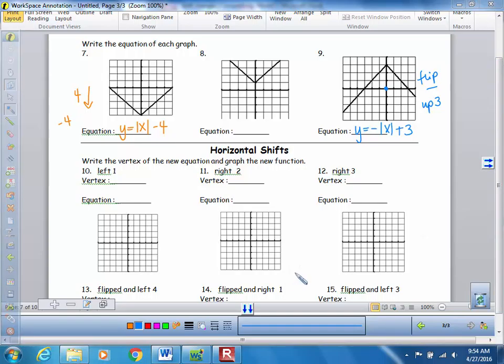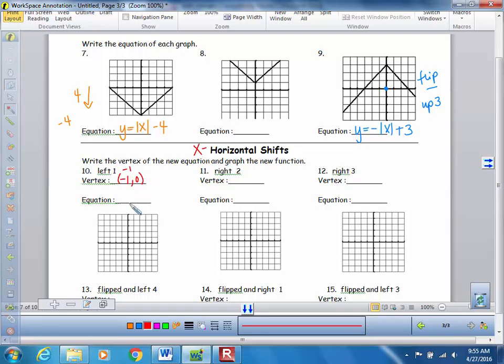Okay, now the next thing that I want to talk about is horizontal shifts. Okay, so in number 10, it tells me that this graph is going to move left 1. Remember that horizontal is my x value. So only x is changing here. So if I move left 1, that's actually a negative 1. So my vertex would change to -1, 0.